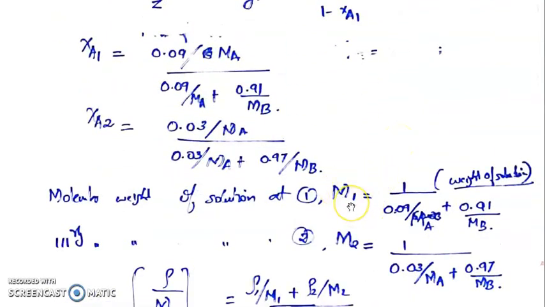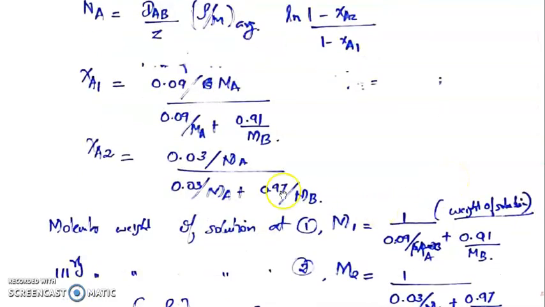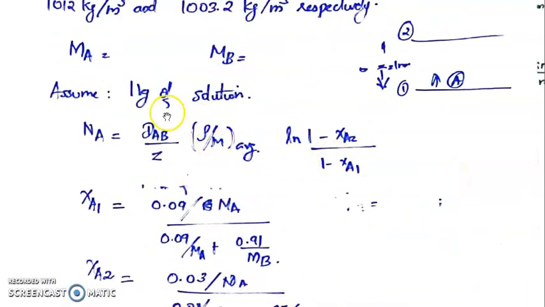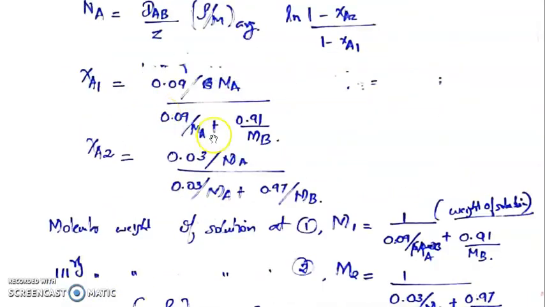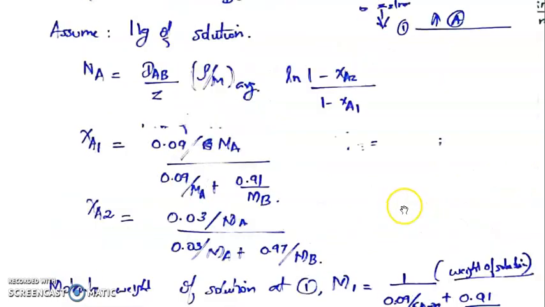See, M1: what is M1 here? M1 is the molecular weight of the solution at location 1. Here we know the total weight. We assume the weight to be 1 kg, and we also know the total number of moles at that particular location.